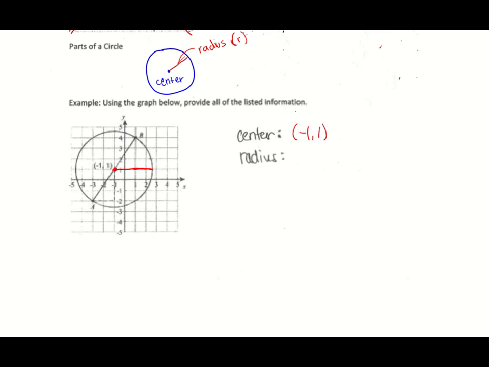This line is much easier to find than this line right here, because my blue radius right here, I can just count the distance. I can count over 1, 2, 3.5. My radius is 3.5.